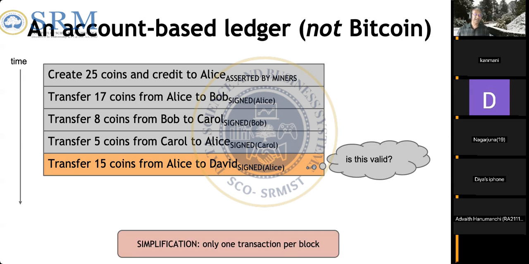So we always keep track of how many coins are left over in the account. Account-based ledger is not a bad design, and most of the financial institutions follow this one. But this is not a good design for cryptocurrencies, because we need to make verification of the currencies and things like that.